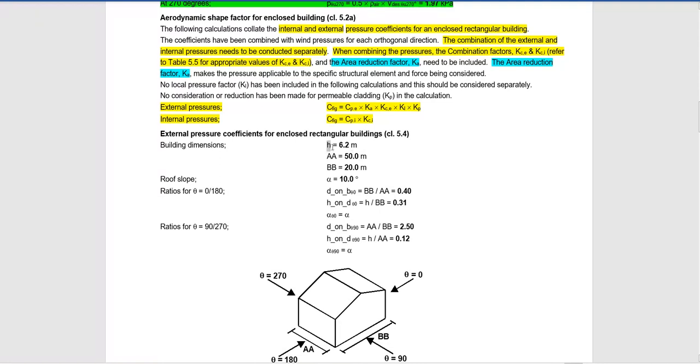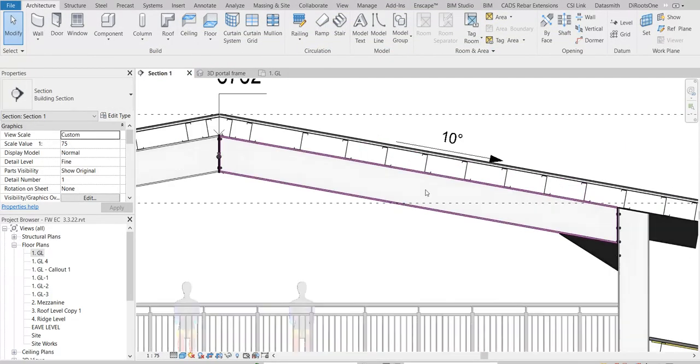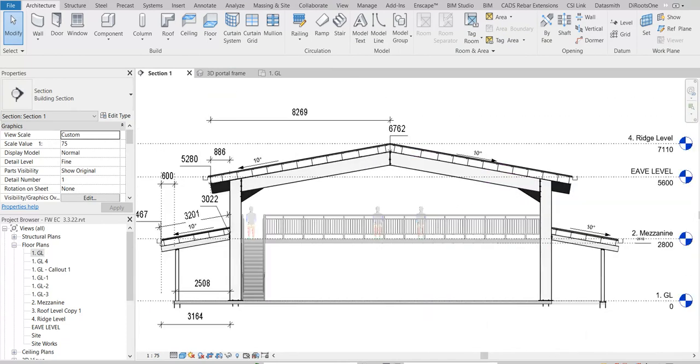Remember, in my previous video, I gave the Z value as 6.181, which I've rounded to 6.2. H stands for the average roof height of the structure, which is 6.2. A, my long direction, is 50 meters, B, my width, is 20 meters, and the roof slope is 10 degrees.